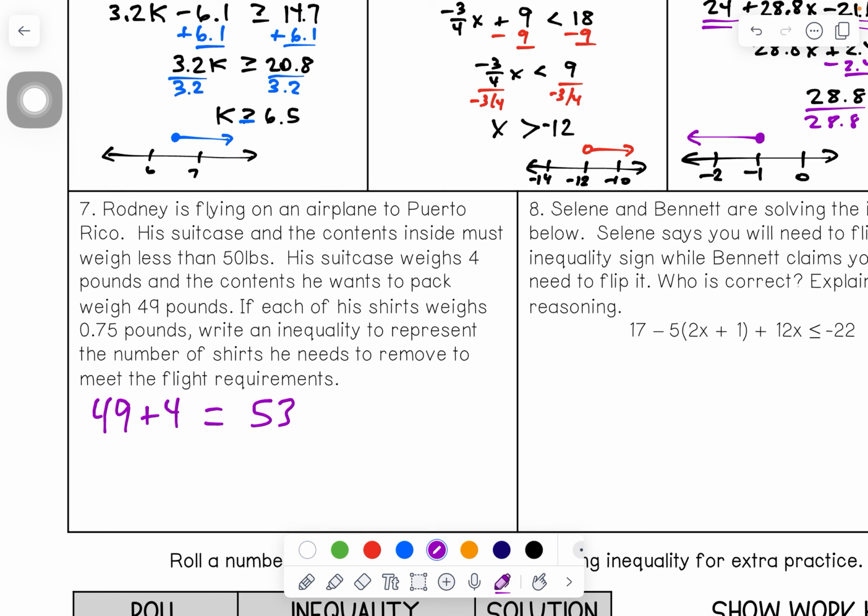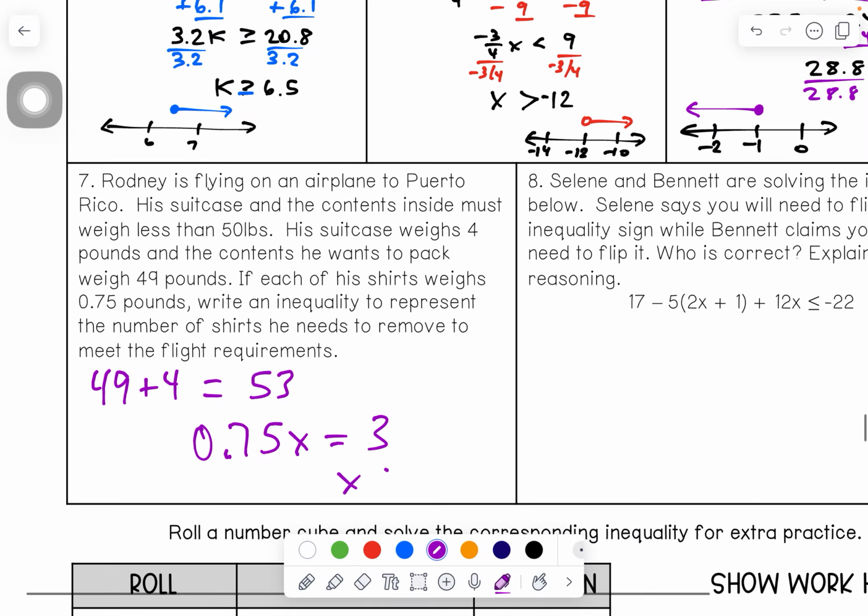So he's 3 pounds overweight right now. So 0.75x equals 3 pounds. If he takes that 3 pounds and divides by the 0.75, he's going to find out that he has to remove at least 4 shirts. So he has to remove at least 4 shirts, greater than or equal to, to meet that requirement.